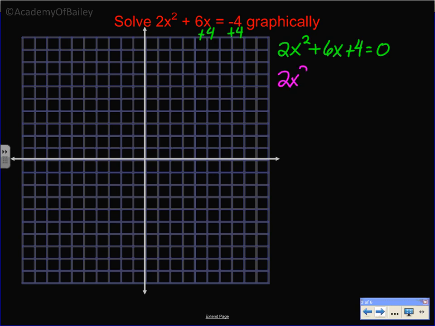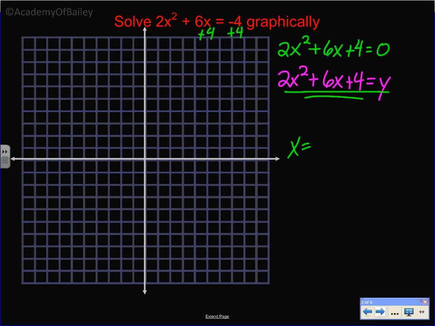Now we actually need to sketch the graph of the function when y is equal to 0. So we need to sketch the graph of y equals 2x squared plus 6x plus 4. Well, you know this is a quadratic function, so we need to find the vertex.